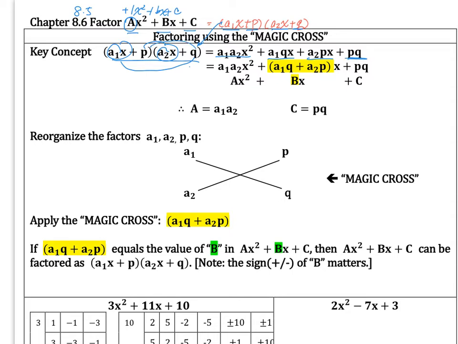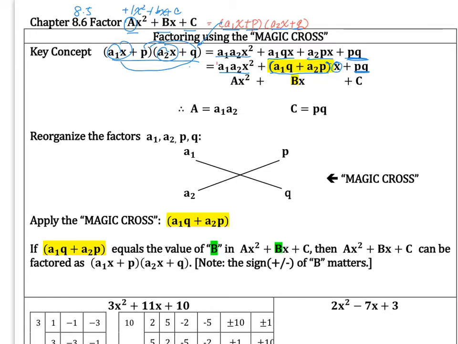Okay, let me further explain this. For the first term, we can't really do anything to that, so just recopy it. For the second and the third terms, we can factor out the x and make a1q plus a2p as our binomial factor. And pq, can't do anything, just recopy pq.